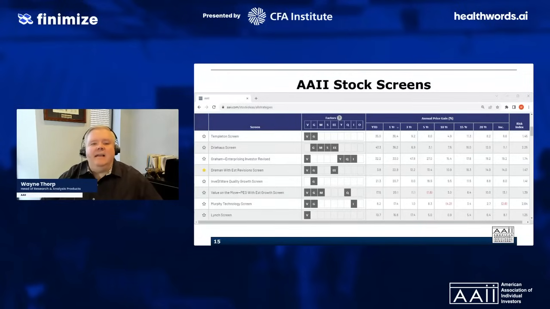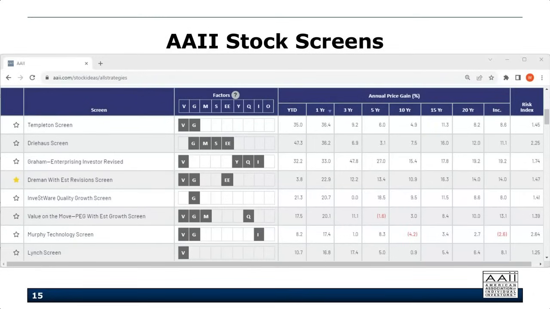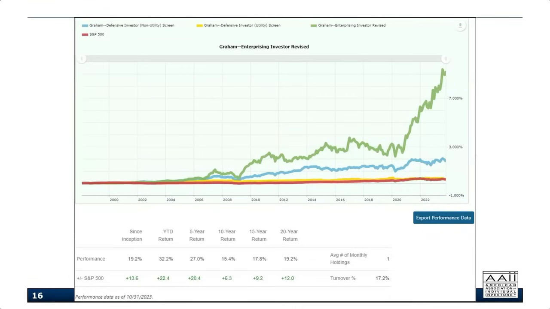AAII identifies key underlying factors for each screen, such as value, growth, momentum, and earnings estimates. For each screen, we also provide an updated passing companies list after each trading day. We also track the simulated performance of each approach, assuming monthly rebalancing and equal dollar investments in each passing company.